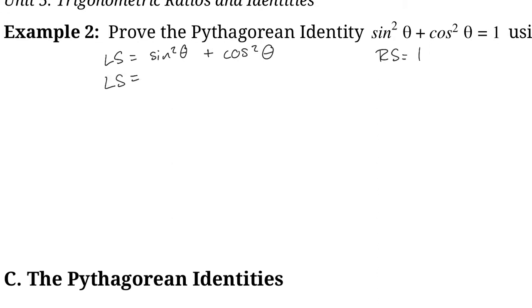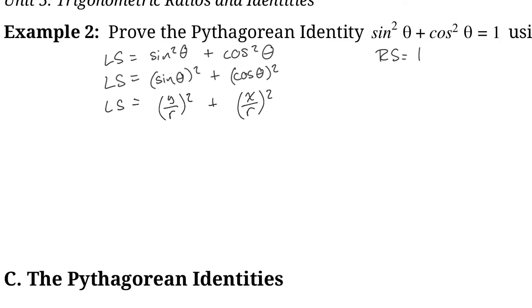On the left side, sine squared theta plus cos squared theta is the same thing as sine theta squared plus cos theta squared. And from our primary identities, we know that sine theta is equal to y over r, so we can just replace this sine theta with y over r. And cos theta is x over r, so we can replace this cos theta with x over r.